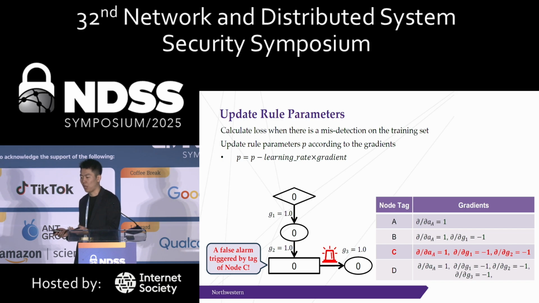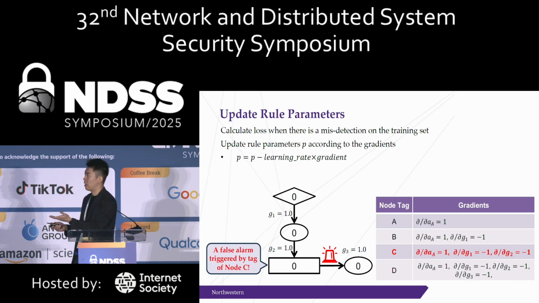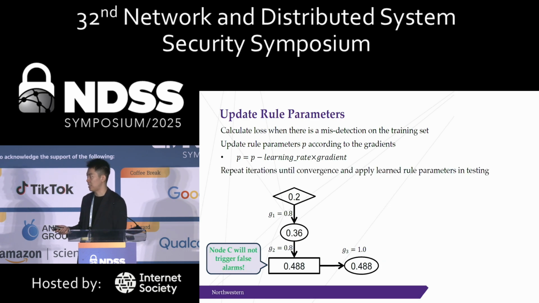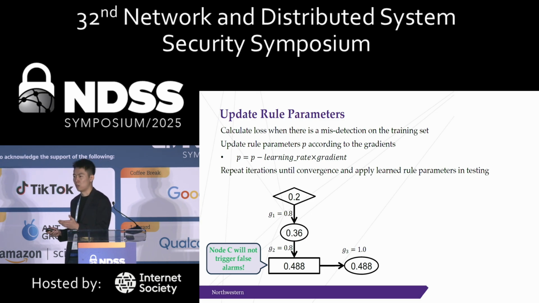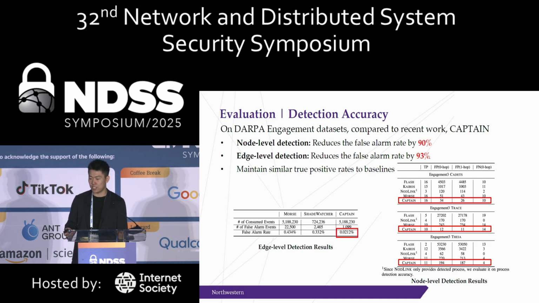We apply the gradients to update the new values of the corresponding parameters. We repeat this process again and again until convergence, and we apply the learned parameters in the real testing. So let's take a look at the evaluation results.